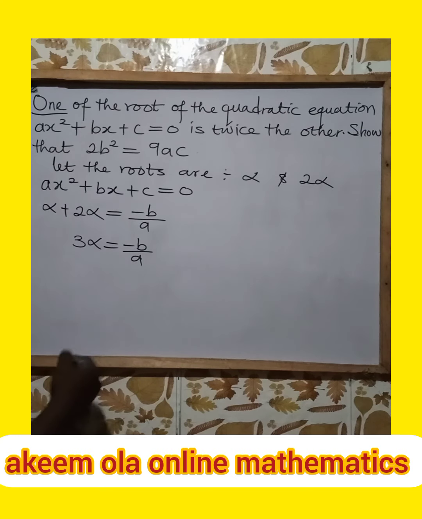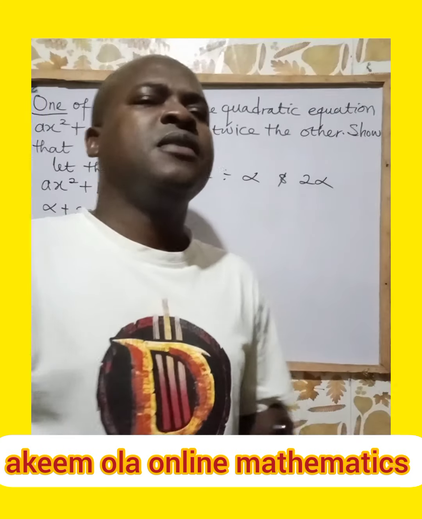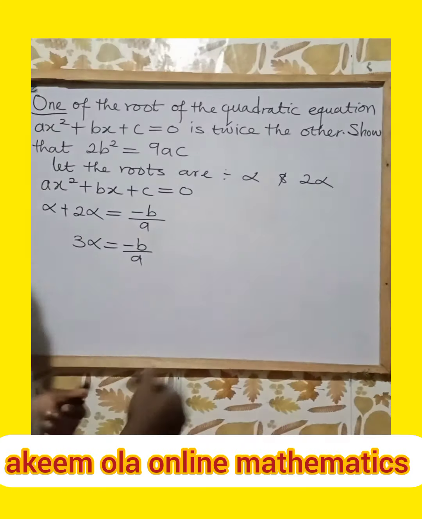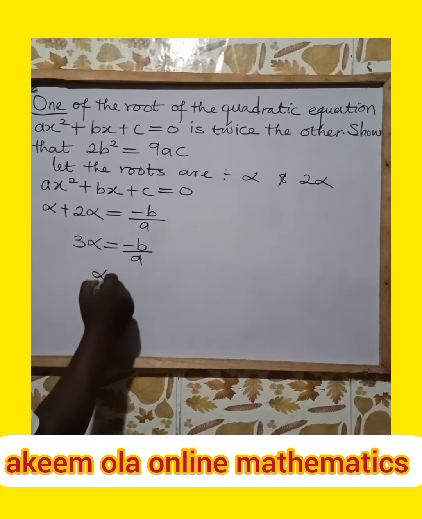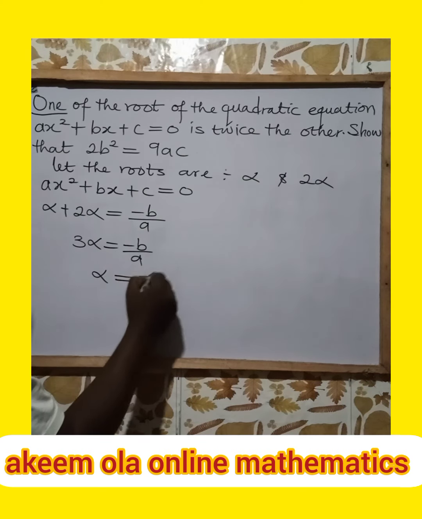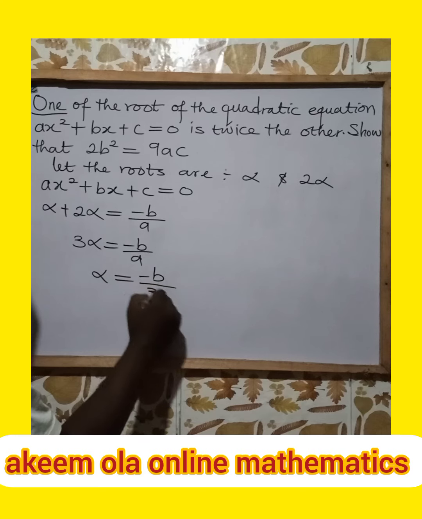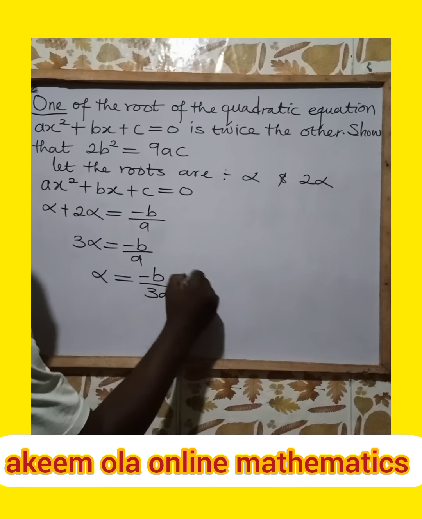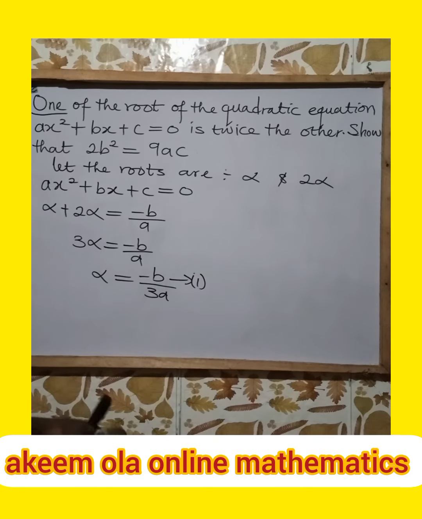From here I can make alpha the subject of the formula. That means alpha will now be equal to minus b all over 3a. So I can call this equation 1.